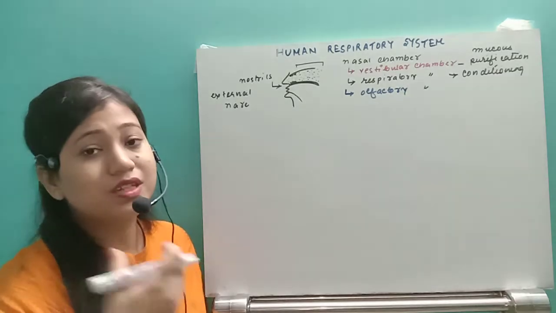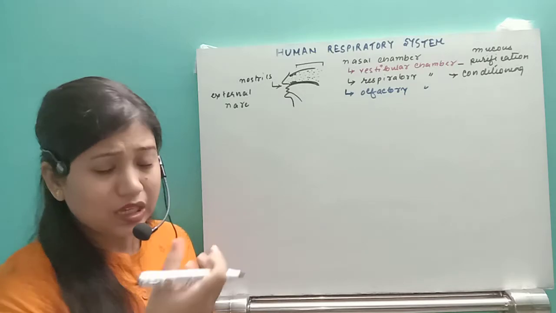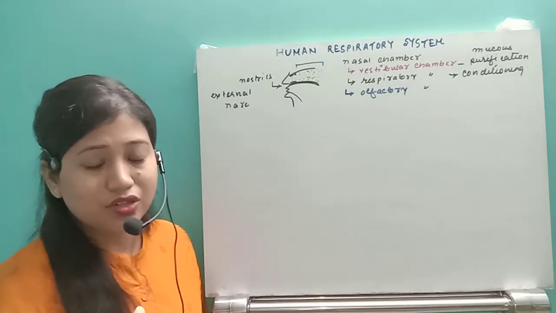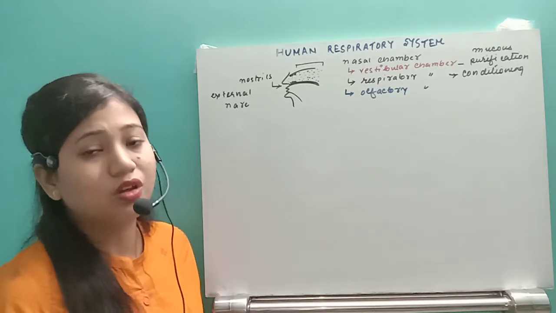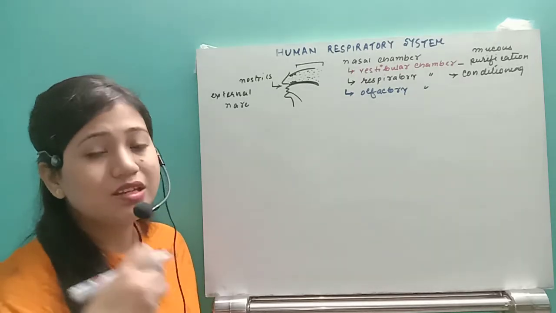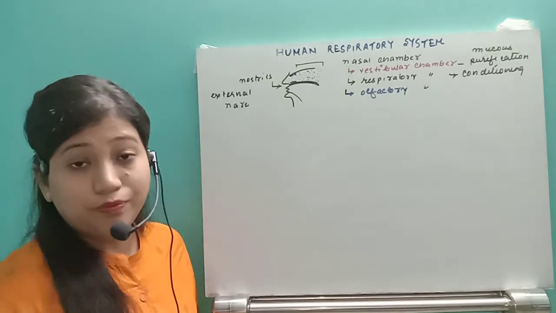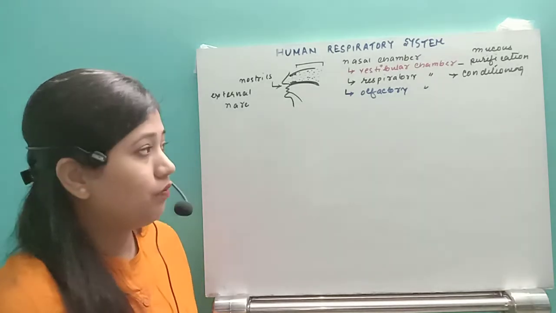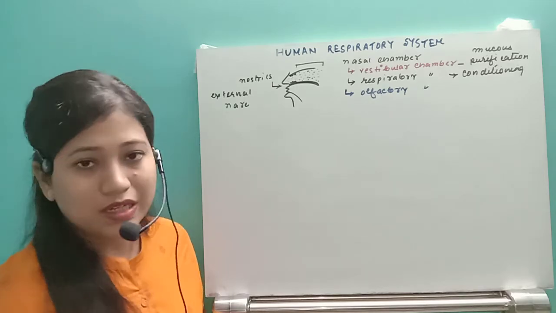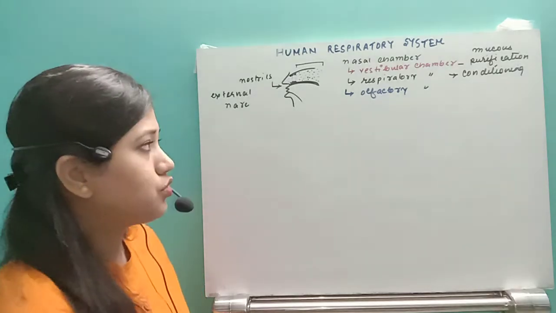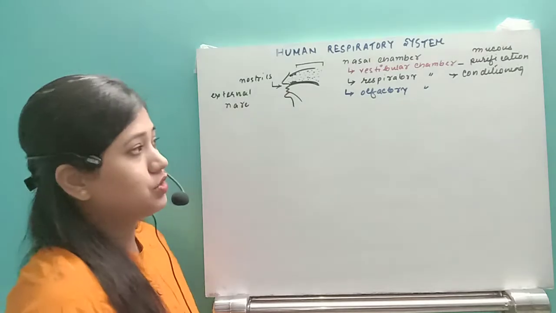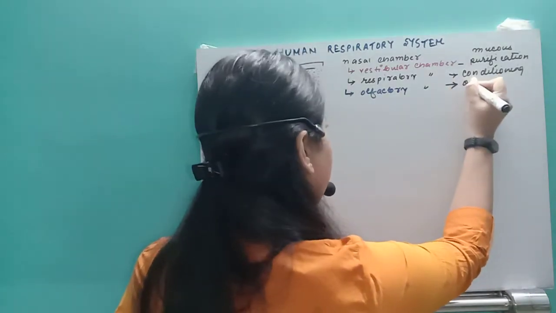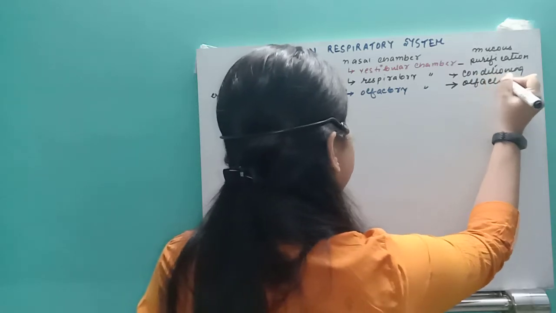Then the dendrite takes this impulse to the Bowman's gland, a gland present in this region, which sends the impulse to the brain, which helps us understand and recognize the smell, whether it's good or bad, and what type of smell it is. So the olfactory chamber helps in olfaction, or smell.